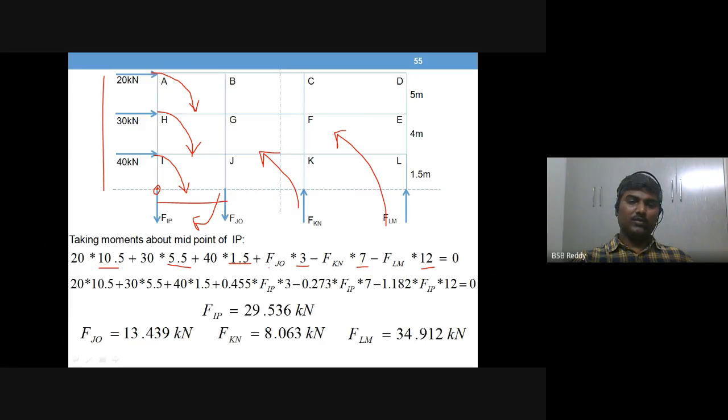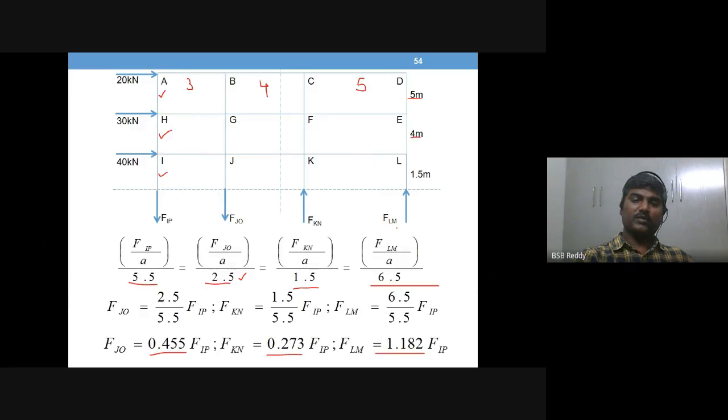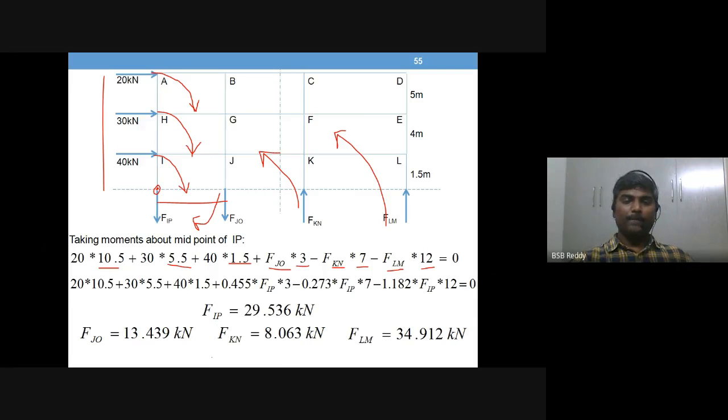Now substitute for the JO and IP relation, KN and IP relation, LM and IP relation from the previous relations. These three relations you substitute in that equation. So you get FIP value.